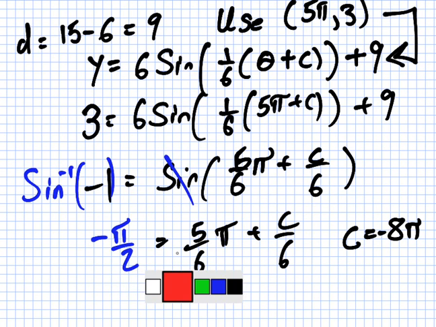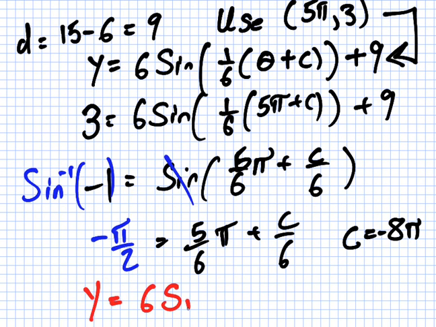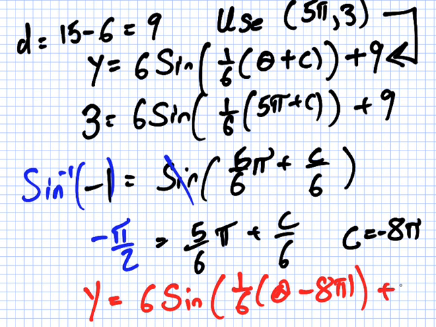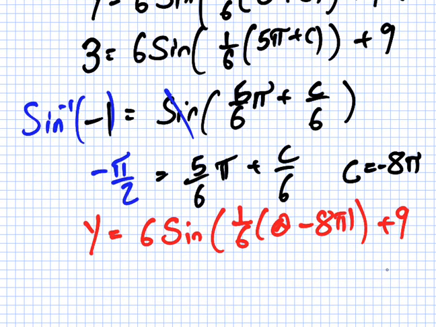So I nearly have the answer. I'll do it in red. I know that y will equal 6 sine of 1 over 6 theta minus 8 pi plus 9. Now if we look at the question, that's not the form they wanted.